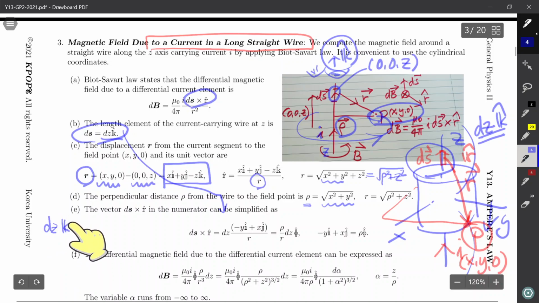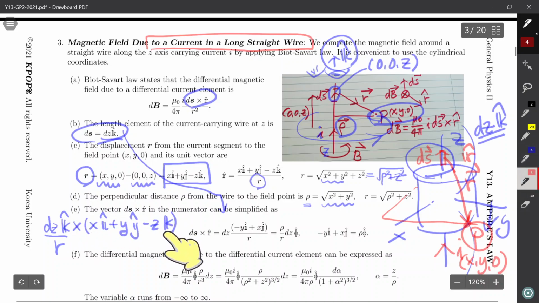Easy. k hat, r hat, 1 over r, times x i plus y j minus z k. Now k cross k disappears. k cross i equals j, so this is x. k cross j equals minus i, so y has an additional negative sign.